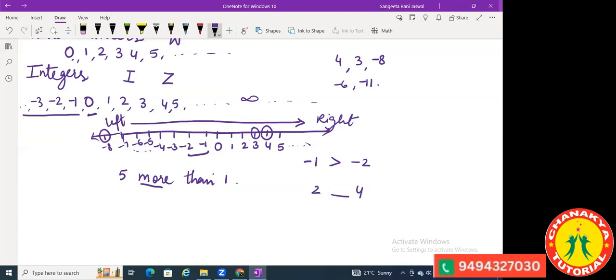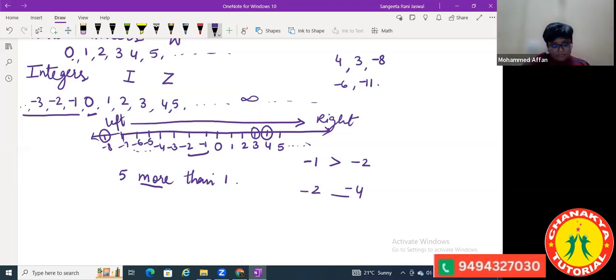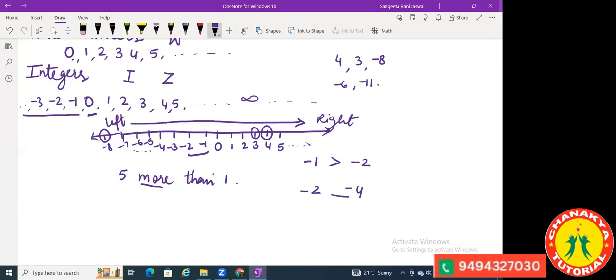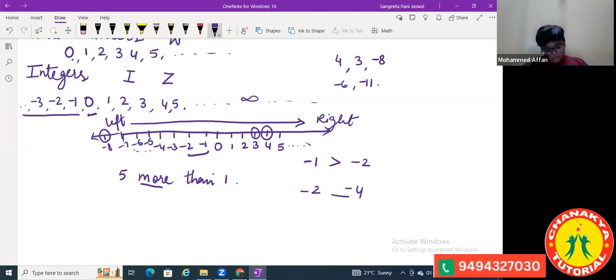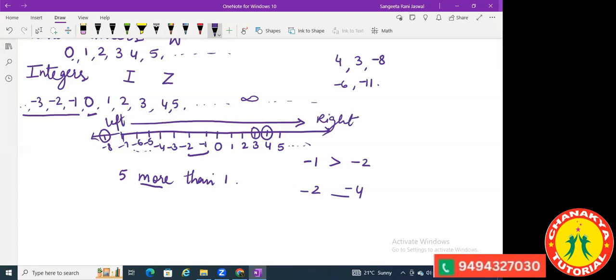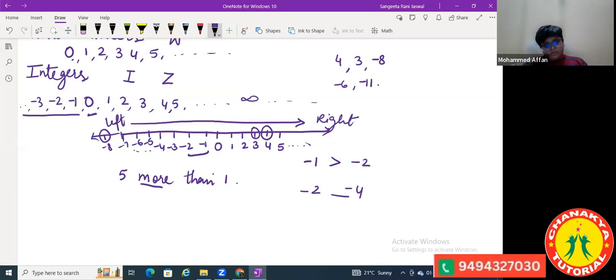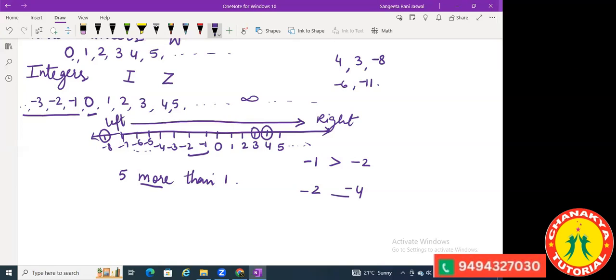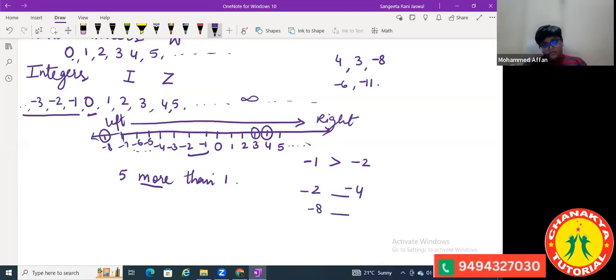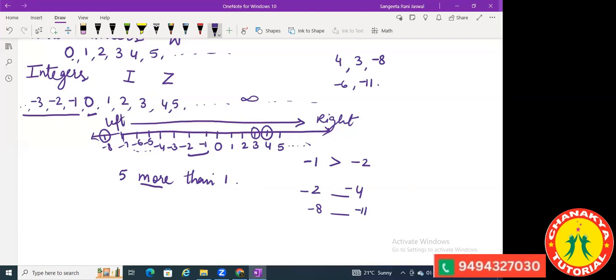Afan, tell me which is the greater number, -2 or -4? Greater is -2, because it is closer to the positive numbers. But if I take some other numbers, -8 and -11, then -8 will be bigger because it is towards the right side.